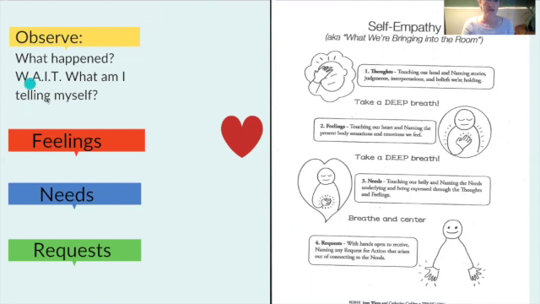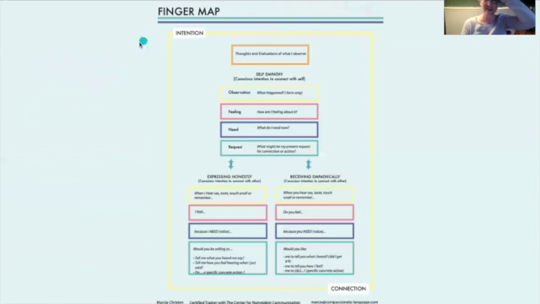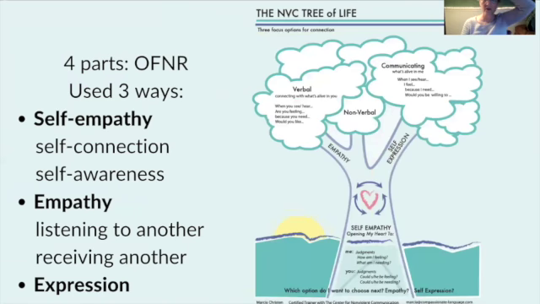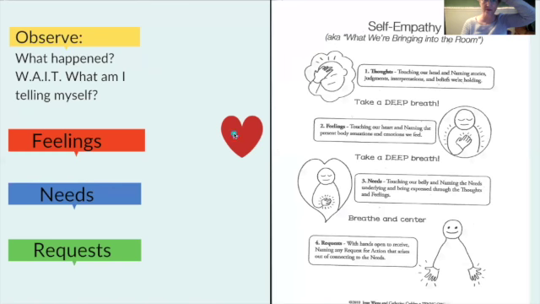So I'm hoping you've gotten some time to write down a situation or think of a situation. The first thing you're going to want to do is the observing. What am I thinking? Hand on the head. What am I thinking? What's going on for me? Observing my thoughts.